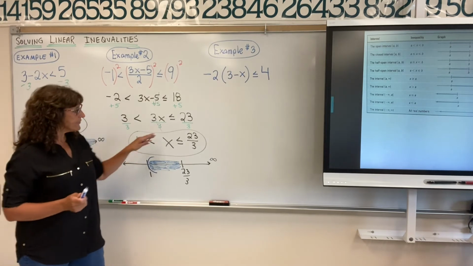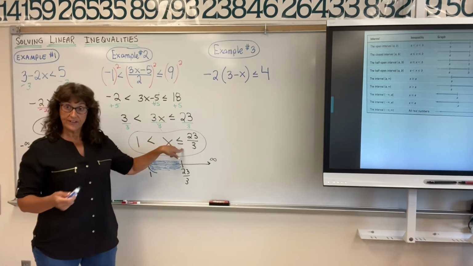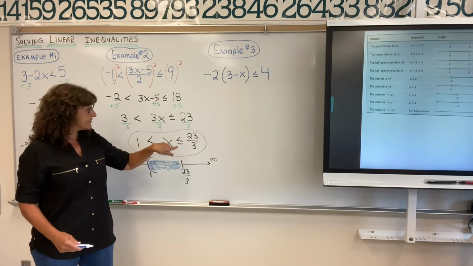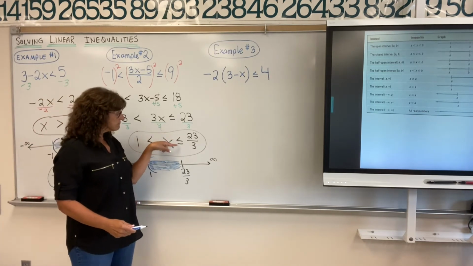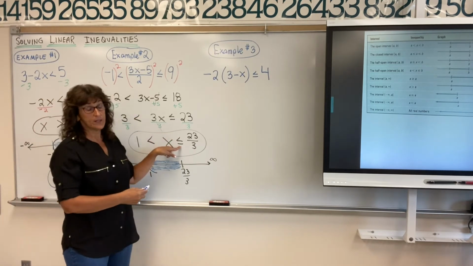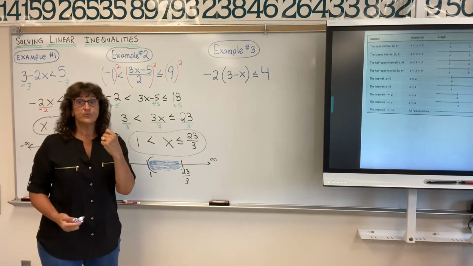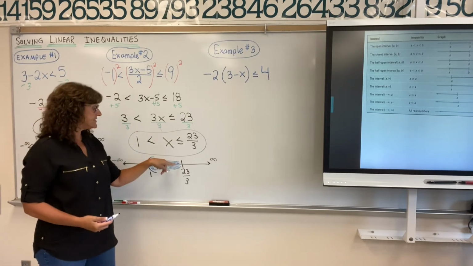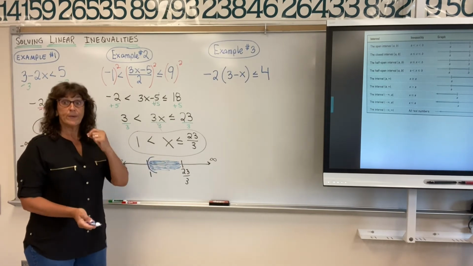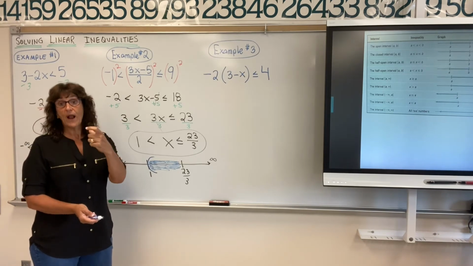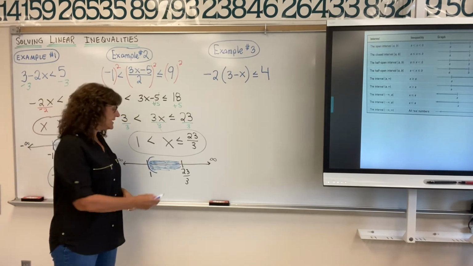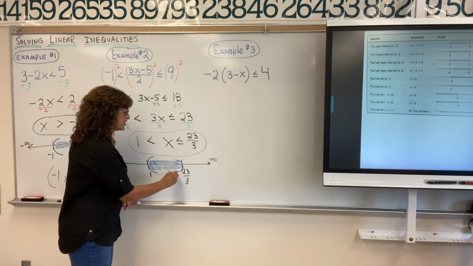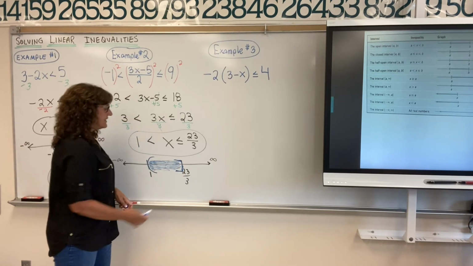What about the 23/3? Well, this endpoint is inclusive. This is included because you have the equal to sign with the inequality. So we use a bracket to represent the 23/3, so we make sure we include it. But when you write your bracket notation, it has to open in the direction that you're shading. So you would write a bracket this way.